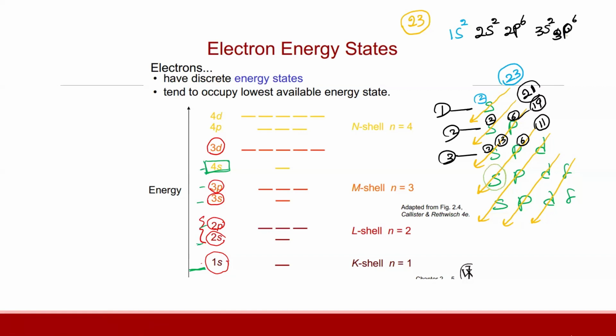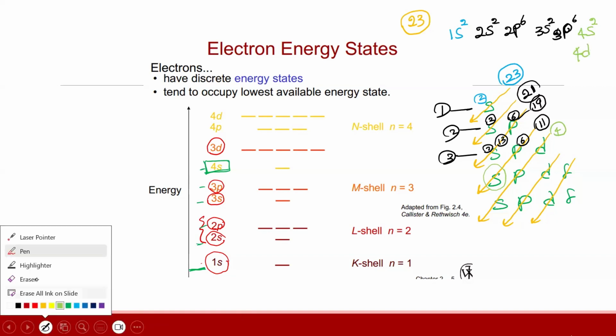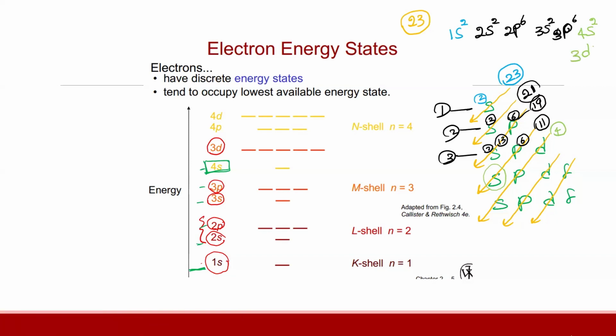So before writing the 3d, we have to write 4s2. Then we have only 4 left for the other one, which is 3d4. Is that clear or not?